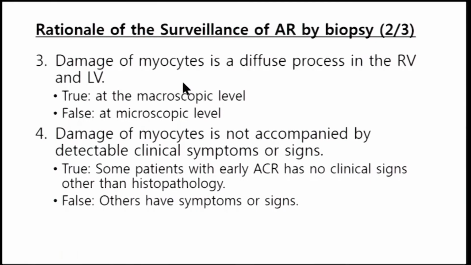And the third is that the damage to myocardium is a diffuse process in the right ventricle and left ventricle. That means that we are biopsying the right ventricle, but we are keen on the condition in the left ventricle. Through biopsying the right ventricle, we think it's similar in the left ventricle. It is true, but it is also false.